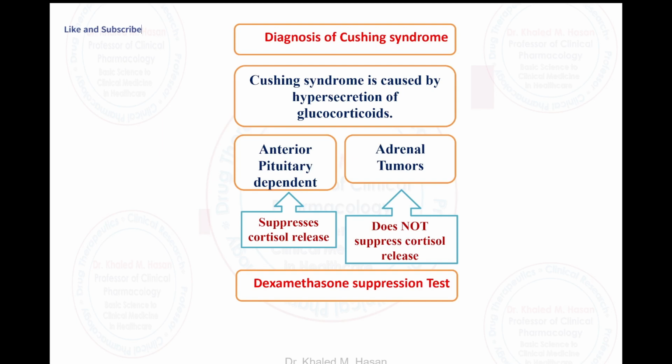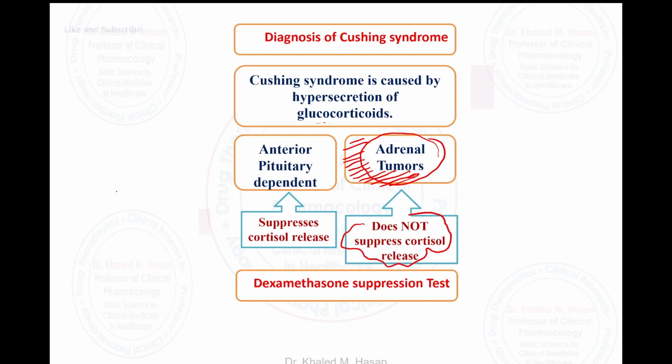So what happens here? Cushing syndrome could be related to hypersecretion of glucocorticosteroid. The hypersecretion could be related to a tumor in the adrenal gland. When you have a tumor, it means these cells become unable to respond to the normal stimulation, so this tumor will not respond to cortisone.